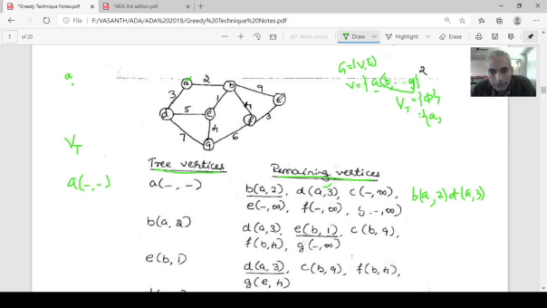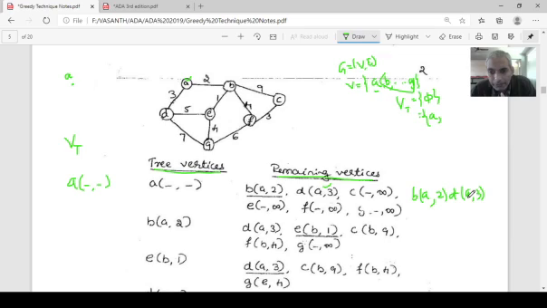Now we will go to any vertex. You can take any vertex, because what are the vertices still remaining? C, E, F and G. So we'll take C.